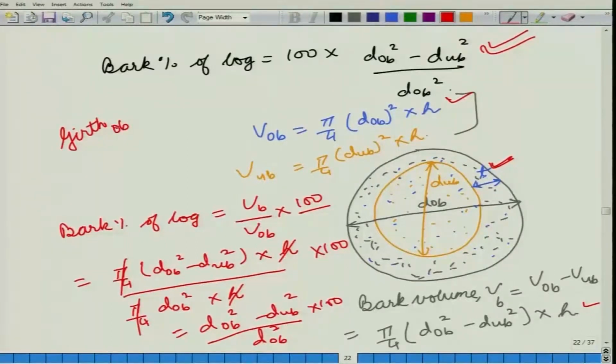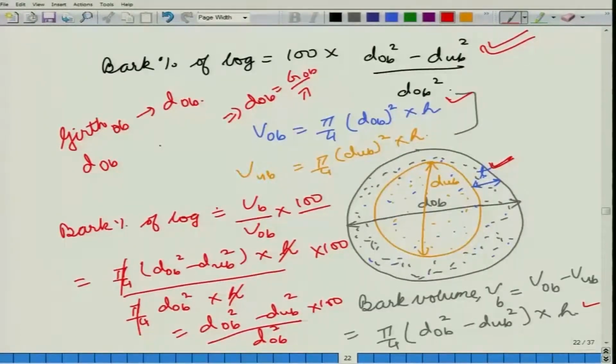So, if we are using a tape, we can very easily get the girth over bark, or we can also get the diameter over bark. Now, if we want to measure the under bark diameter or its girth or its volume that we are more interested in, we can get it. So, from girth over bark also you can get the diameter over bark. So, this DOB is equal to G by pi.